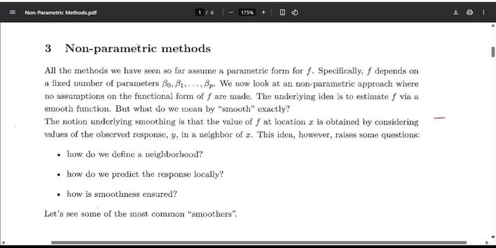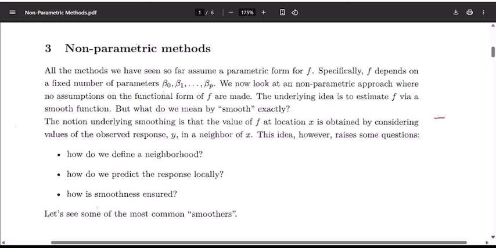That was why I said we now look at a non-parametric approach where no assumption on the functional form of f is made. We only want to estimate f via a smooth function.